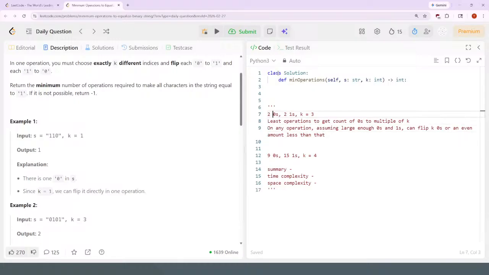So if k is 3, then you can choose 3 zeros, in theory, if there were more zeros.